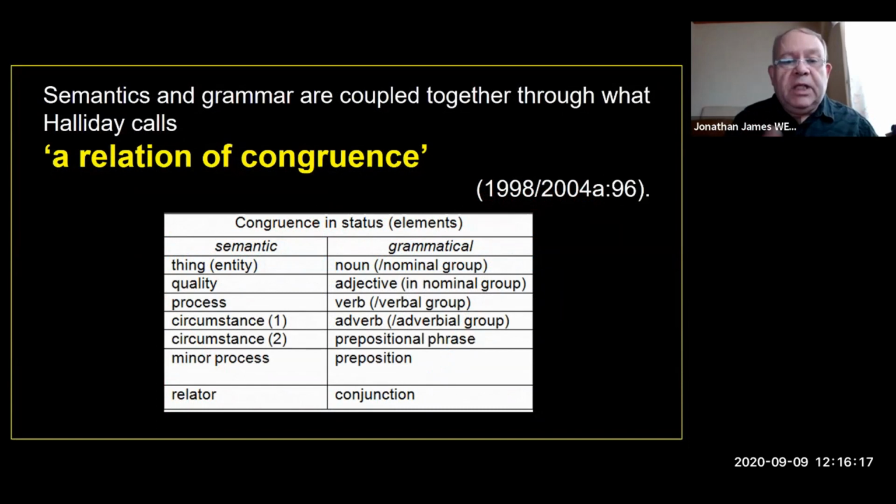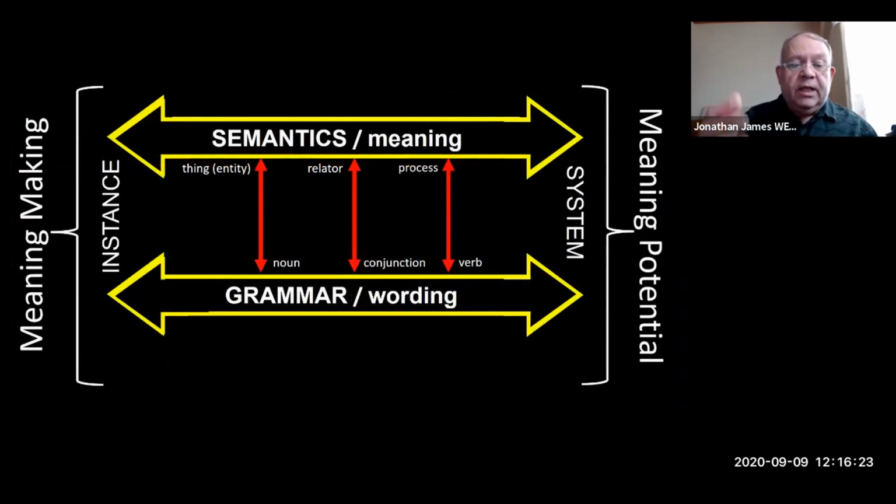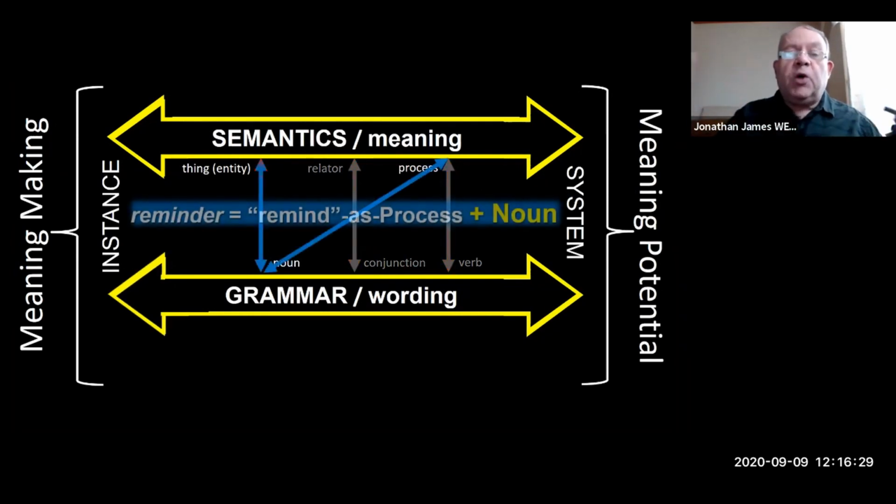So taking that relation of congruence and realigning it so that things as nouns, relators as conjunctions, processes as verbs, we redraw the lines. We realign it. And so now a process becomes a noun, expressed as a noun. Drawing through, diluting, becomes movement.